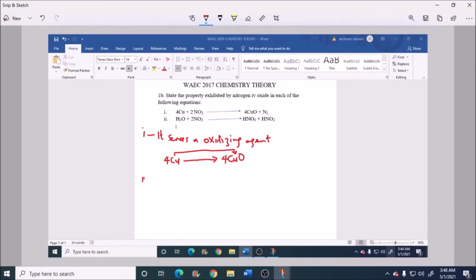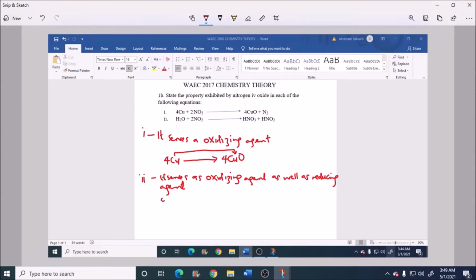Then Roman figure 2, nitrogen 4 oxide here also serves as an oxidizing agent as well as a reducing agent. So it serves as oxidizing agent as well as reducing agent.